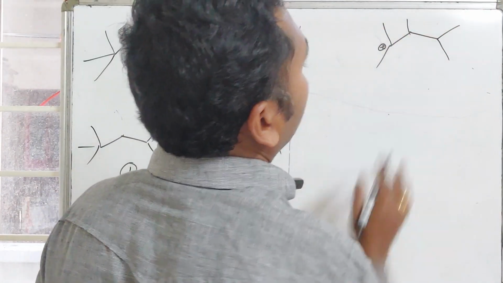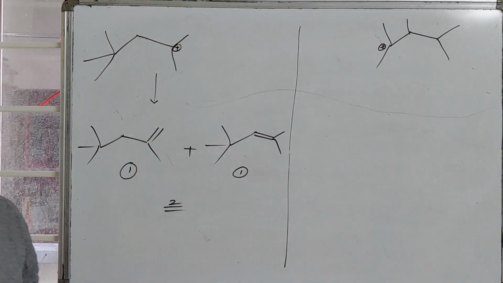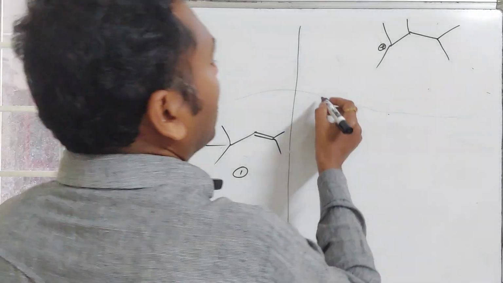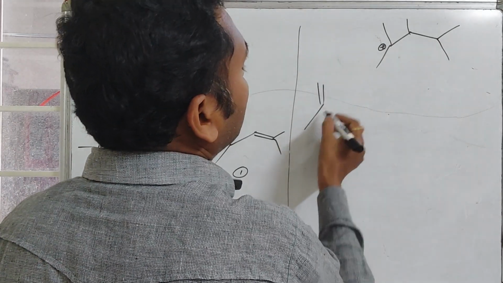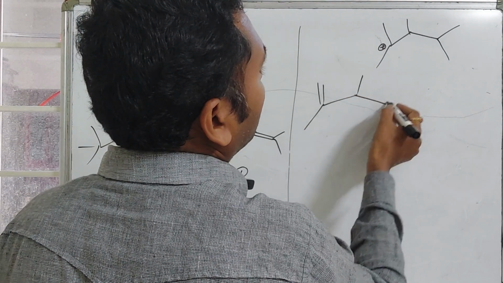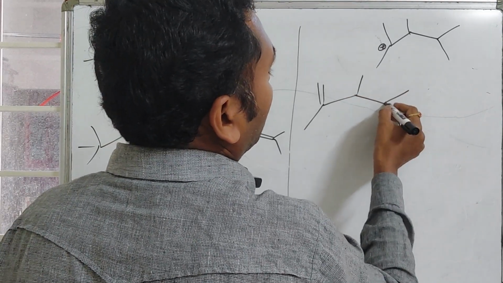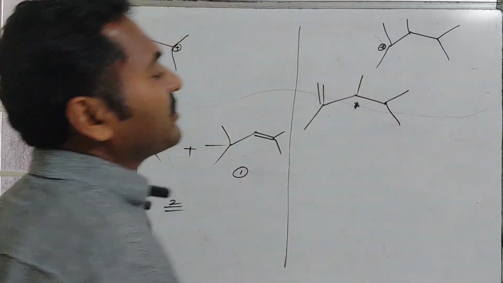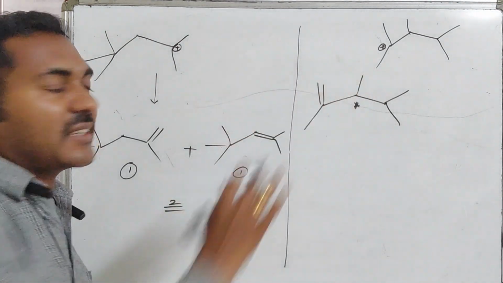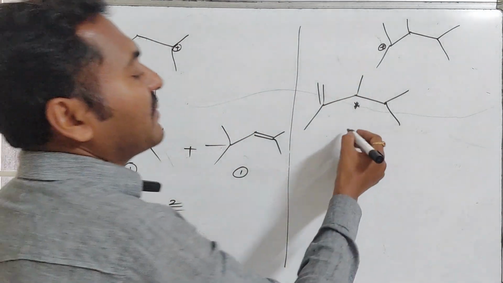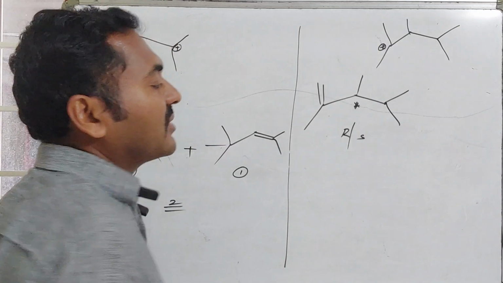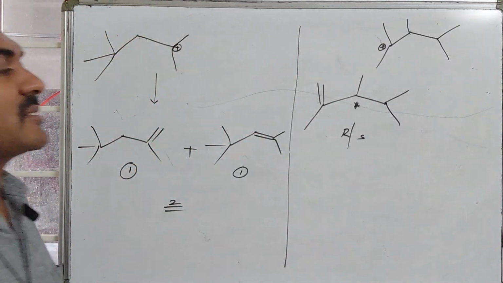If I go for this cation, here also we have chances to form the Hofmann product as well as the Saytzeff product. This is the Hofmann product, with a methyl and an isopropyl group present, but this center becomes a chiral center because it was just shifted onto the carbocation. It has R configuration and S configuration. There is no geometrical isomerism.